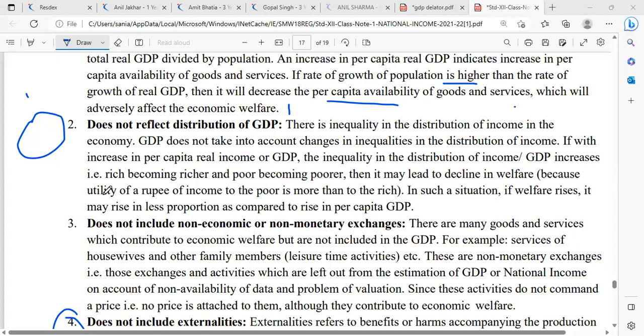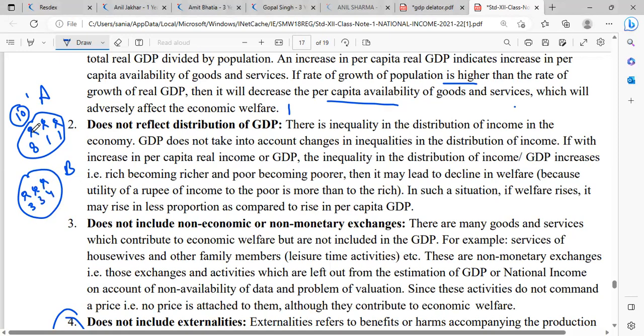Okay. So what I told you, for example, this is country A and this is country B. Over here, the GDP is 10 rupees. This is person A, person B, person C. This person has a salary of 8 rupees, and the others 1 and 1. This is country B. Over here, there are 3 people, right? Here the situation is that they are earning 3 rupees, 3 rupees and 4 rupees.